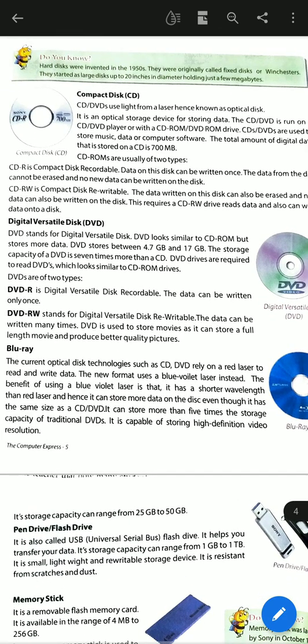It has 7 times higher capacity than that of a CD, because its storage capacity is large.